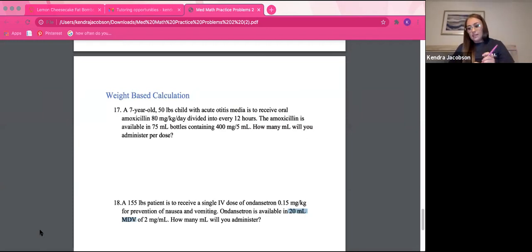So the way that we're going to set this up is like we usually set it up as milliliters per dose. Does someone want to tell me what the first thing I'm going to write down is?